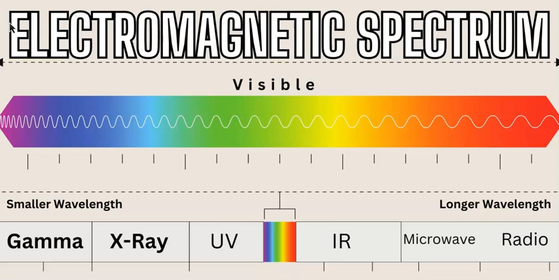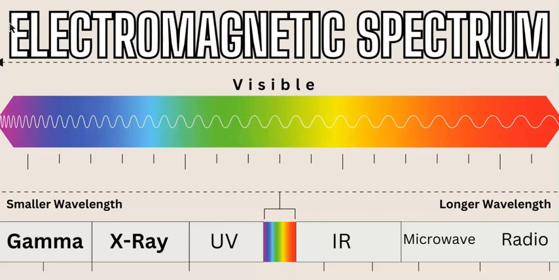So at a sunset, where the energy is going through large amounts of atmosphere, the energy gets stretched out, and that's how we see the color change from a blue during the day to a red and orange and yellow for a sunset. Now then we have infrared, which is basically heat.